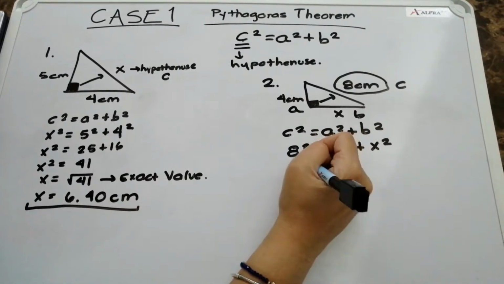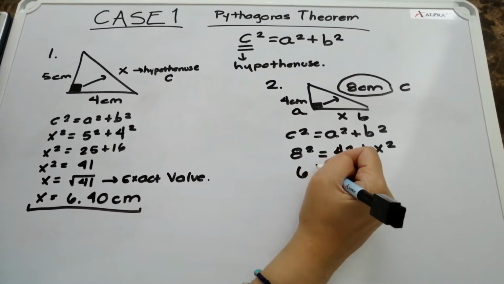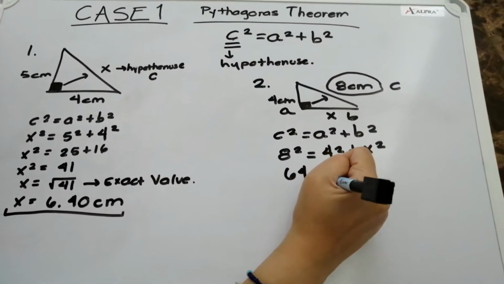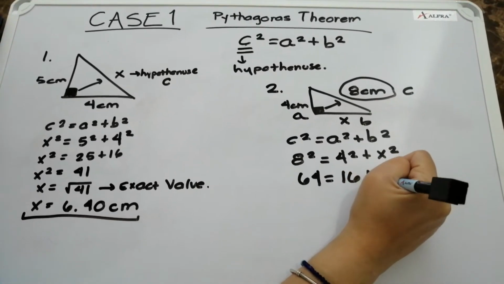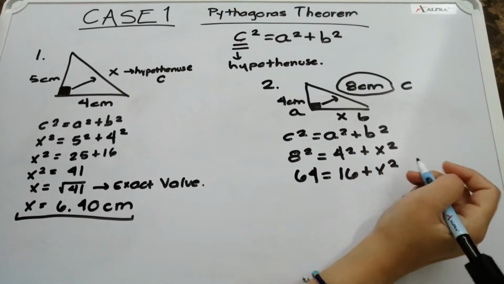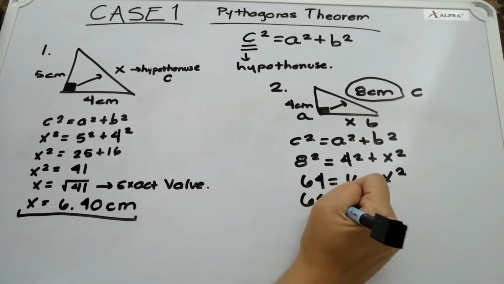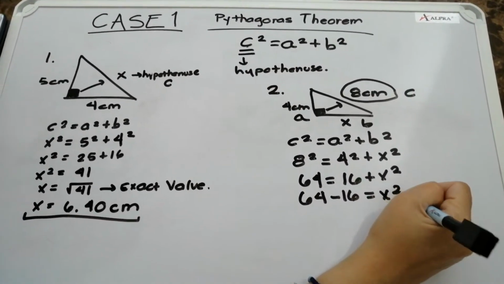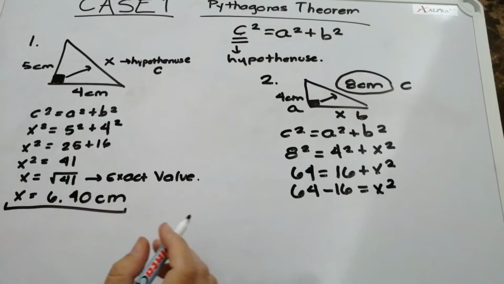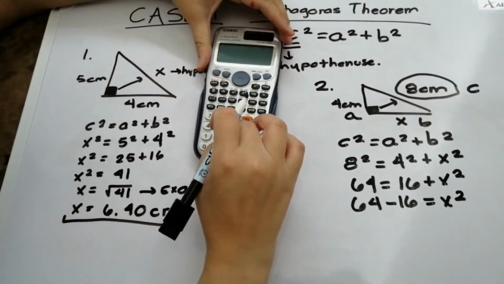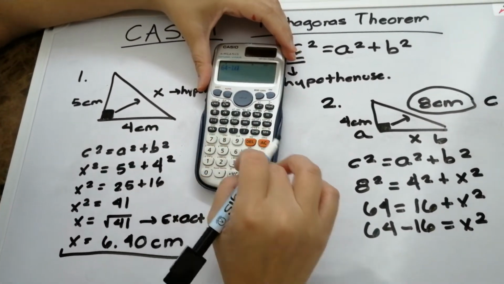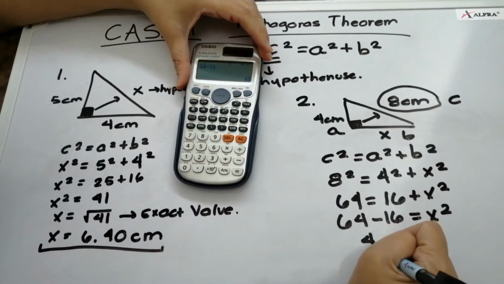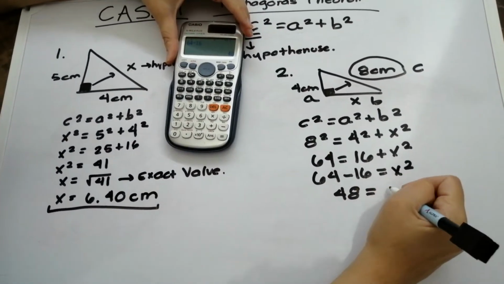If I clear for x, 8 squared is 64 equals 16 plus x squared. The 16 goes to the other side with the opposite sign, and I subtract 64 minus 16, which is 48, equals x squared.